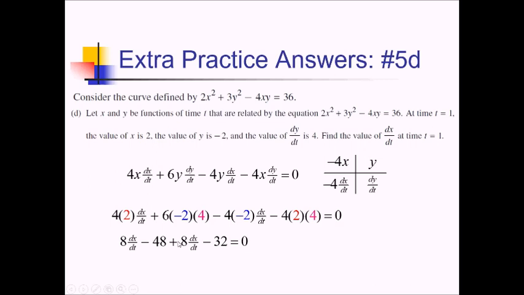Combining like terms, we have 8 dx over dt plus another 8 dx over dt. That's going to be 16 dx over dt. And the 48 and the 32 we can just add over on the other side. That's going to be 80 over there. So now just dividing both sides by 16 to isolate dx over dt, we end up with a value of 5.